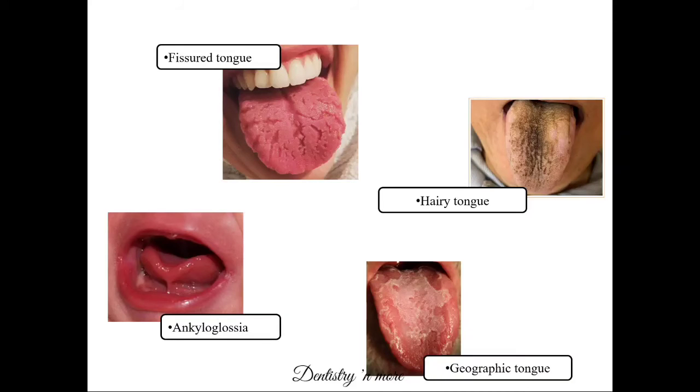It leads to staining, or black stains, and that's why it's called a hairy tongue. Then you have ankyloglossia, wherein the lingual frenum is attached towards the tip of the tongue. The treatment plan is nothing other than lingual frenectomy. Then followed by geographic tongue, which has been explained in the previous slide itself.